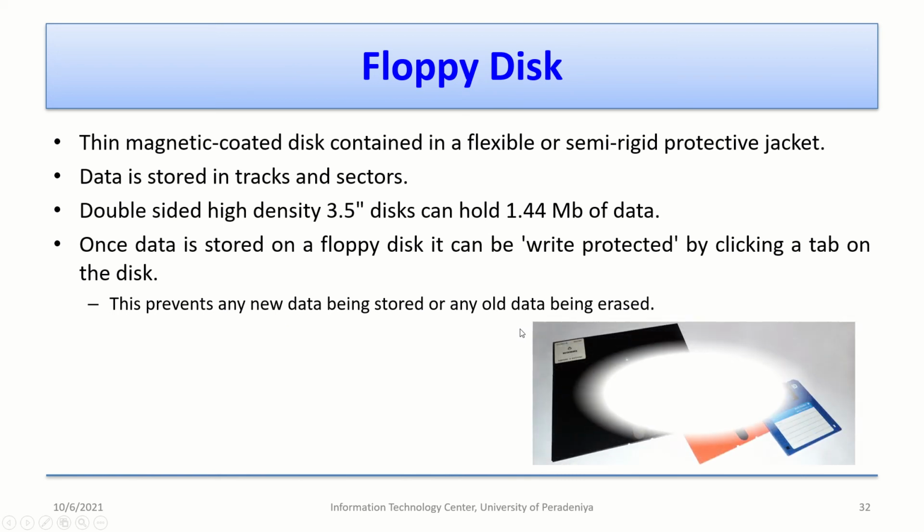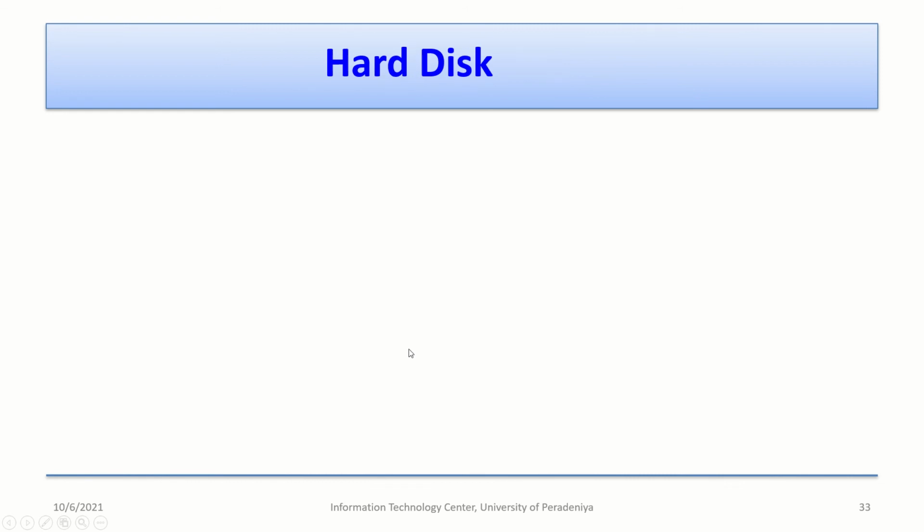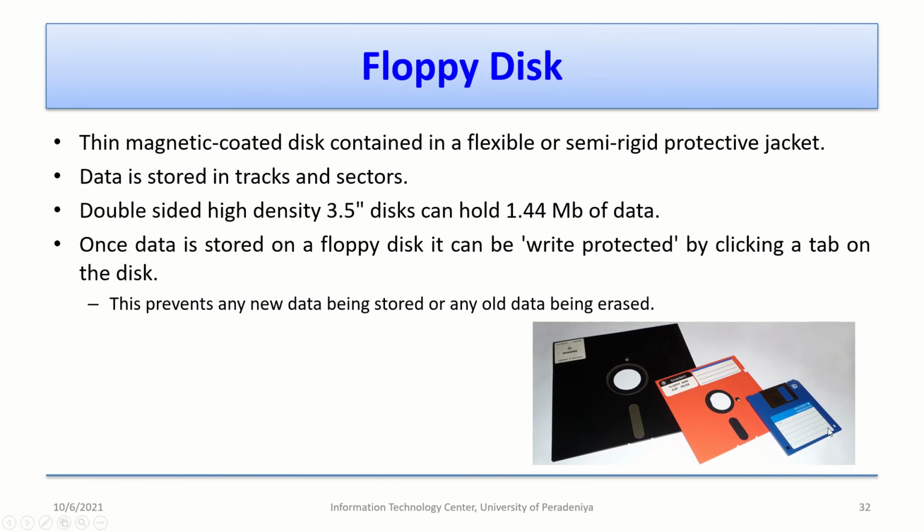You may have seen this kind of floppy disk with a special switch for write-protected mode. You may have the switch here or there, and you can use it to keep your data write protected.